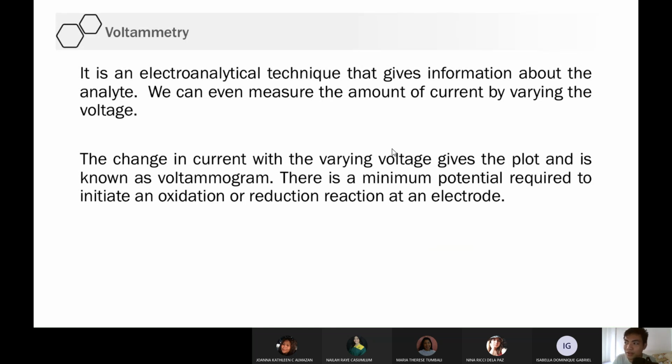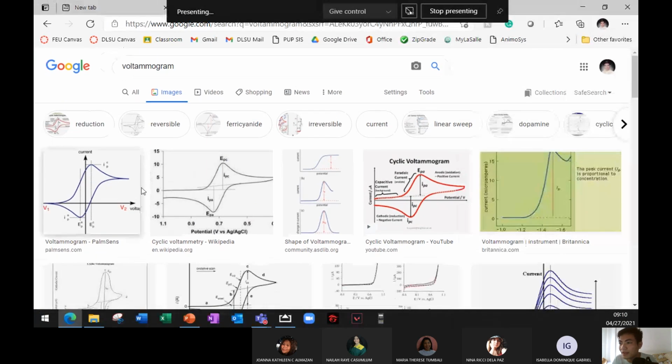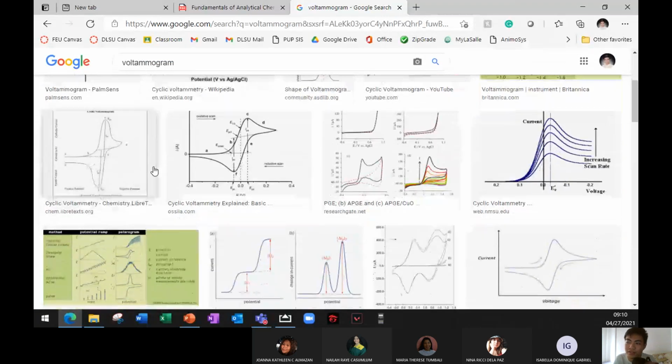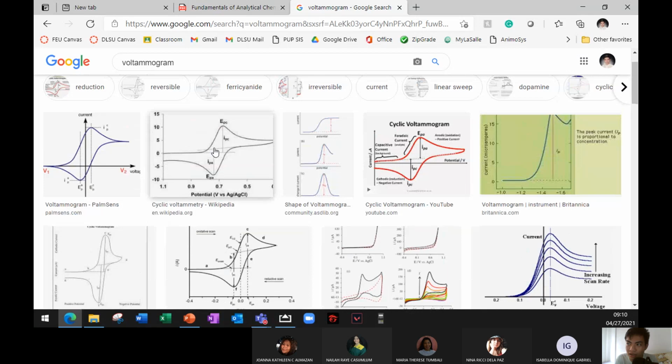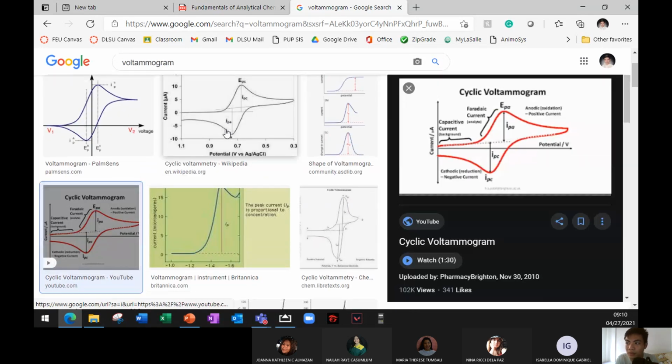By changing the current and the voltage, it will give you the voltammogram, and the voltammogram is a very unique graph. Let me show you. It looks circular, though technically not a circle, more like a duck. That is what a voltammogram looks like.